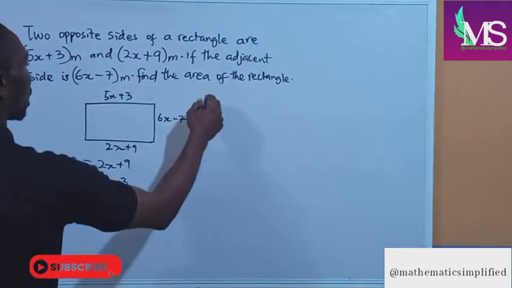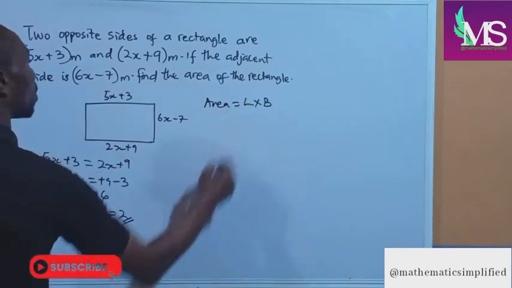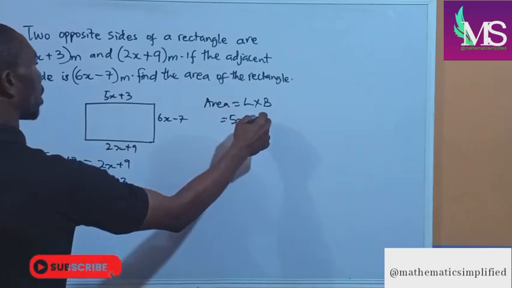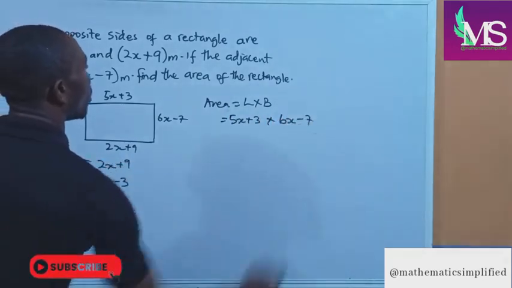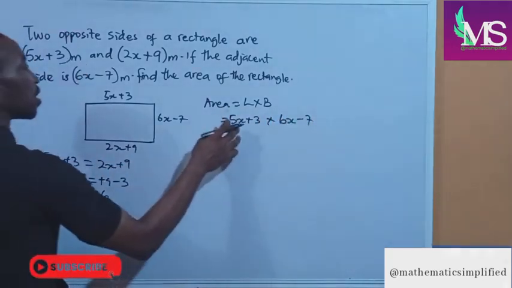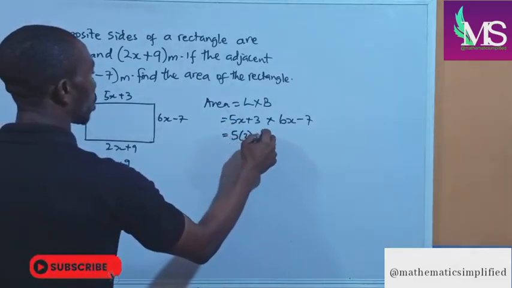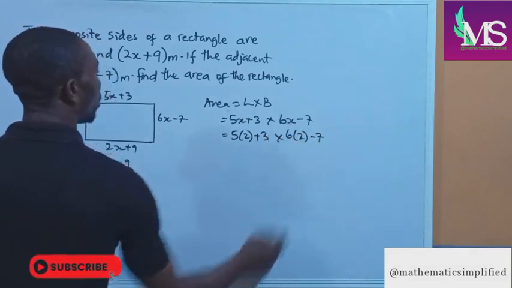Now, we know that area of a rectangle equals length times breadth. And in this case, our length is 5x plus 3 times 6x minus 7. Now, where x is 2 will become 5 brackets 2 plus 3 times 6 brackets 2 minus 7.